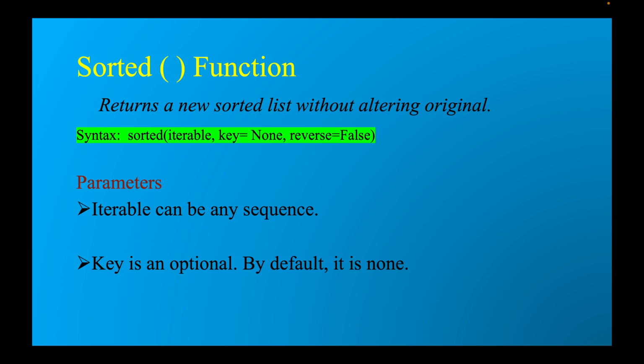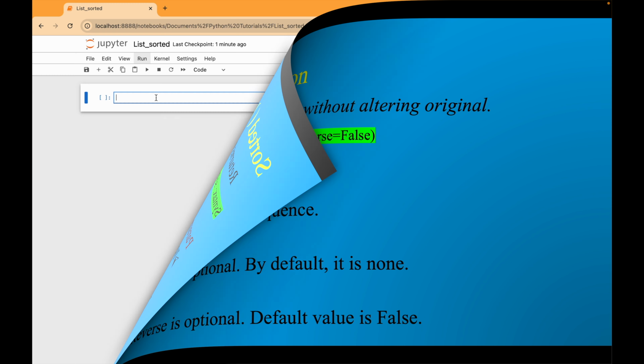And similarly the key is also optional here, and it's a function to execute to decide the order of the elements, and by default it is none. And the reverse is also optional. The default value is false, which gives output in ascending order, but if it is true, it gives output in descending order. Now let's practice this sorted function in Jupyter Notebook.